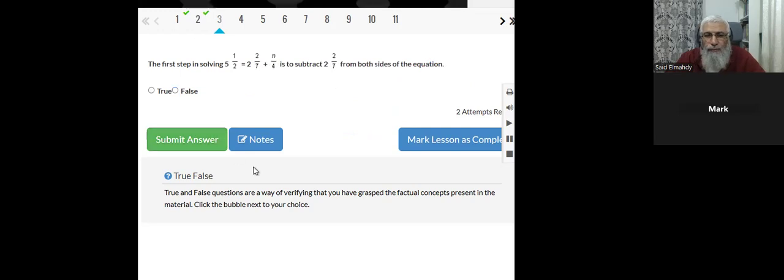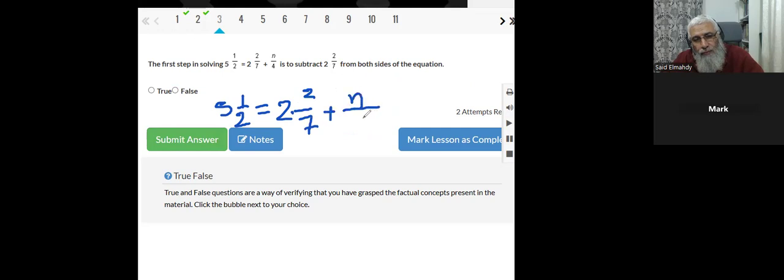This one, read. The first step in solving 5 and 1.5 equals 2 and 2 over 7 plus n is to subtract 2 and 2 over 7 from both sides of the equation.